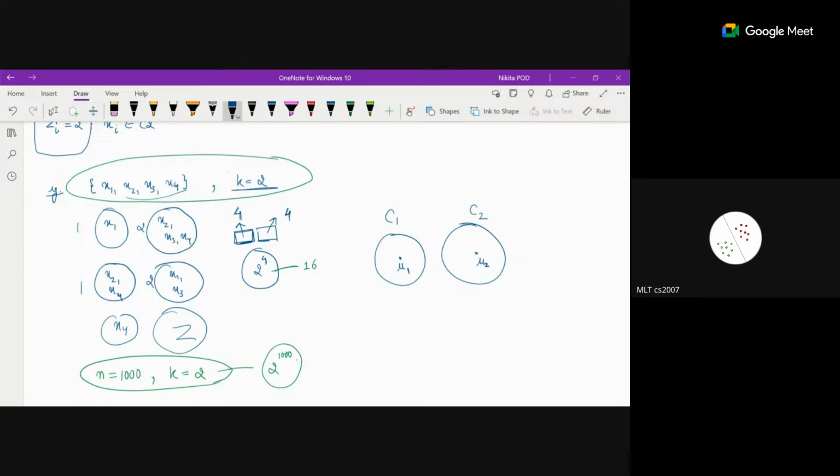So what we would want is that whatever data points you have in the first cluster, all these data points should be closest to the mean of this cluster, instead of being closest to the mean of the second cluster. So in a sense, all the data points which are in this cluster should be as close as possible.